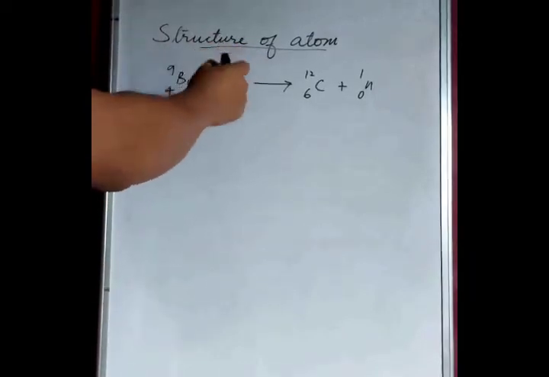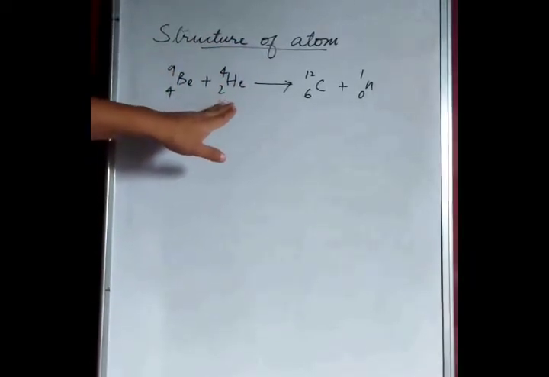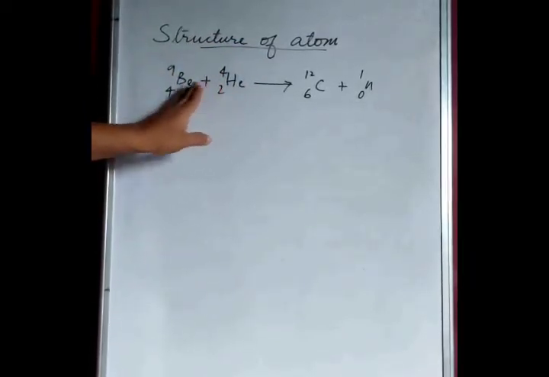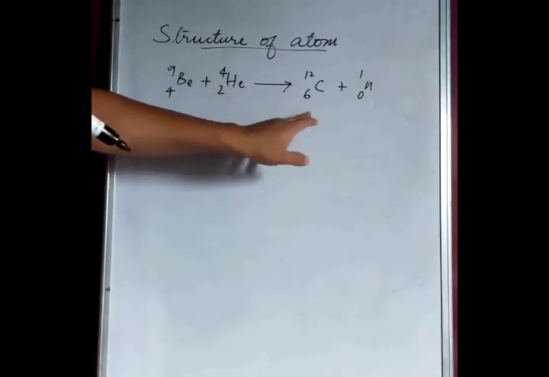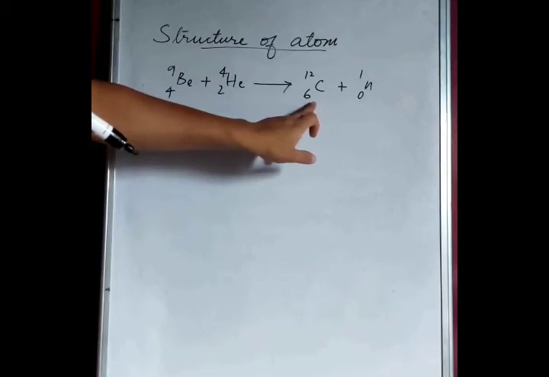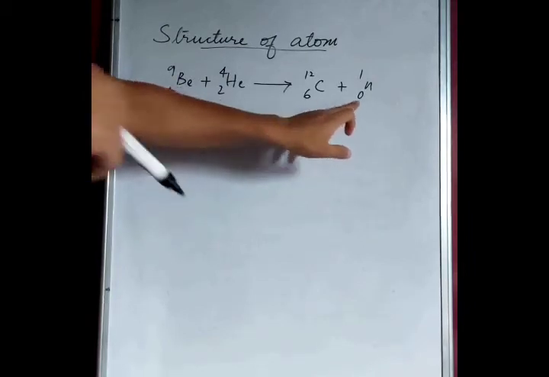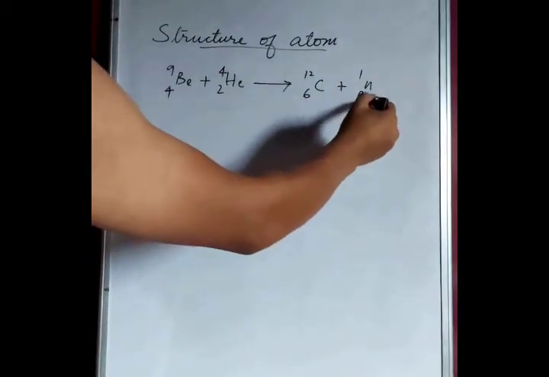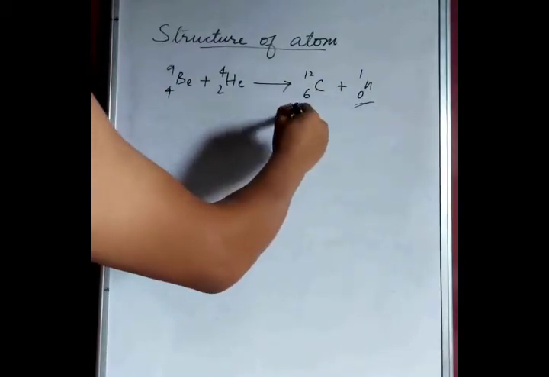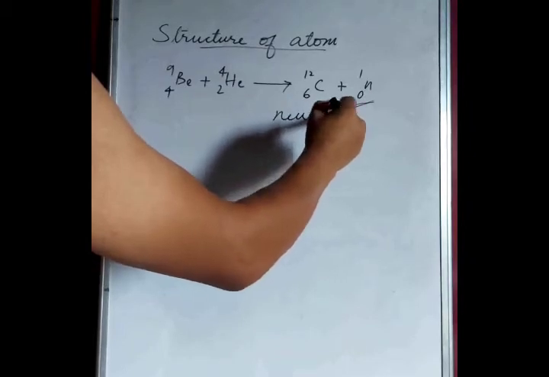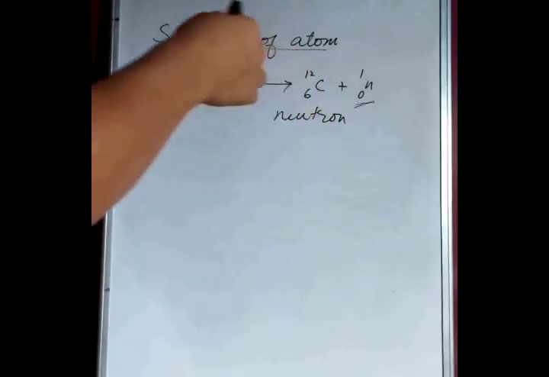This is the helium atom, this is the alpha particle. When he bombarded the beryllium thin sheet with the alpha particle, he got a carbon atom and a slow moving particle, which is now known as the neutron, or neutrally charged particle.